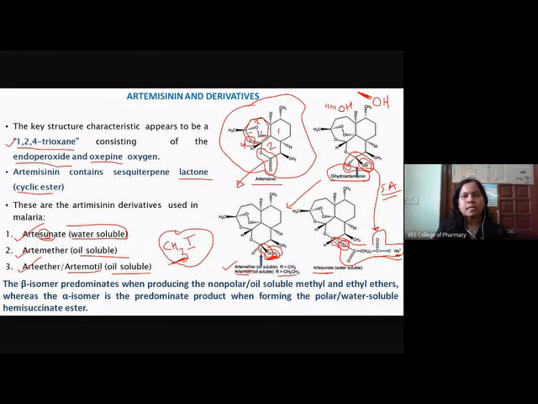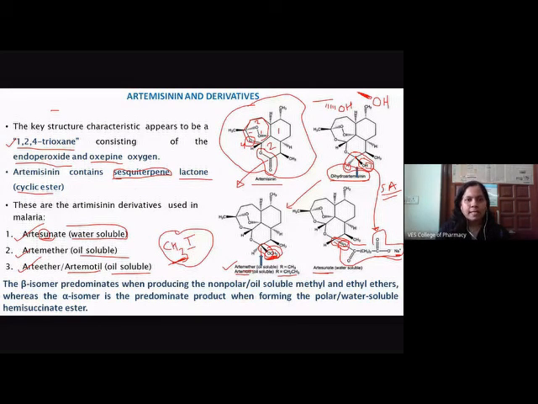So, though this is a single slide, there are various concepts which you should know. One more thing which I missed out is that artemisinin and its derivatives are termed sesquiterpenes. Terpene means a compound which contains isoprene units.